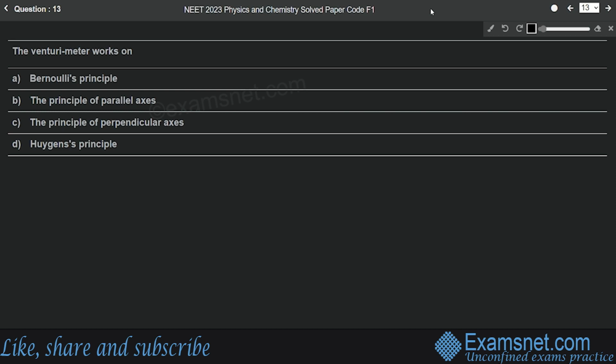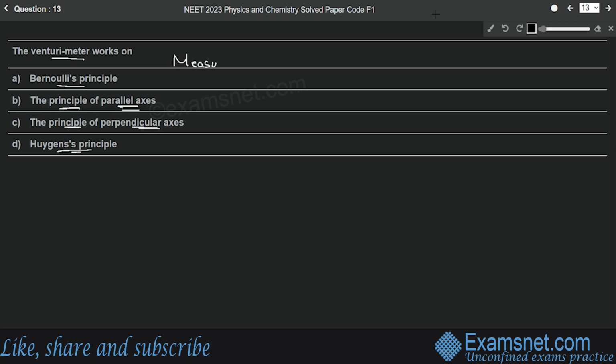Question number 13 is from the chapter Mechanical Properties of Fluids, and the question is the Venturi meter works on. Options are Bernoulli's principle, the principle of parallel axis, the principle of perpendicular axis, and Huygens principle. Okay, so this is a direct question. We know that Venturi meter is an instrument that is used to measure the flow rate of fluid through a pipe, right?